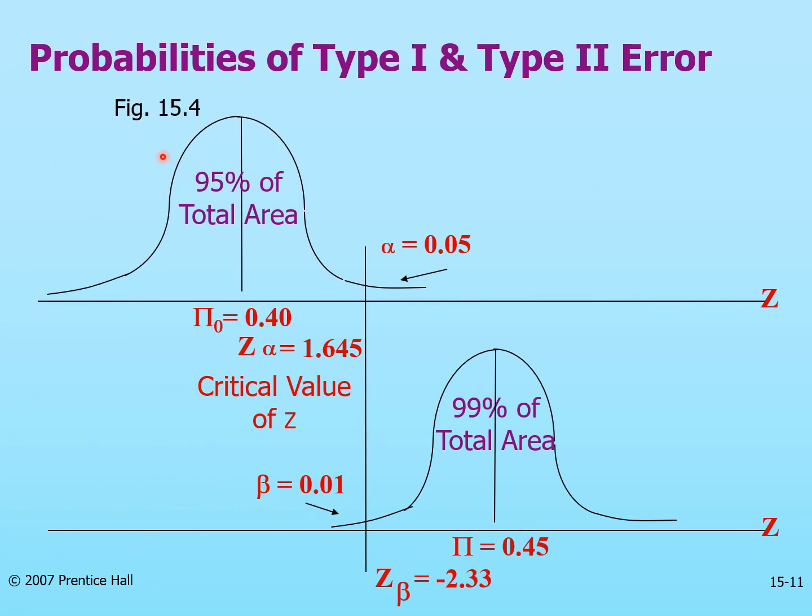Now here I am showing figure 15.4, where alpha is 0.05. Friends, very important point: here I mentioned alpha is 0.05 and H0 is 0.40. So 5% means 2.5% on this side and 2.5% on this side.